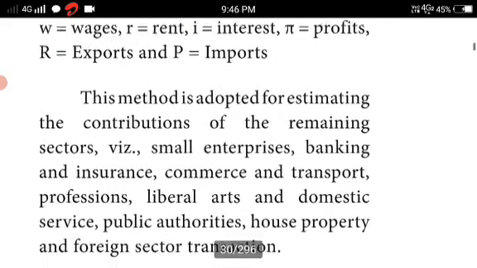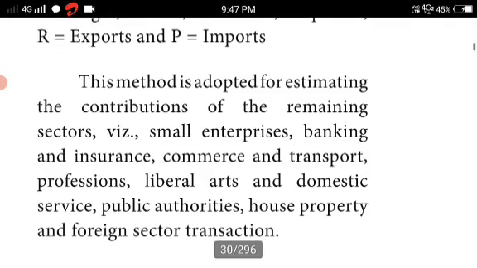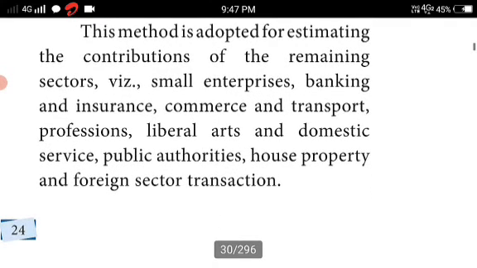This method is adopted for estimating the contributions of the remaining sectors: small enterprises, banking and insurance, commerce, transport, professions, liberal arts and domestic service, public authorities, house property and foreign sector transactions. These are all coming under this method. What method? Income method.